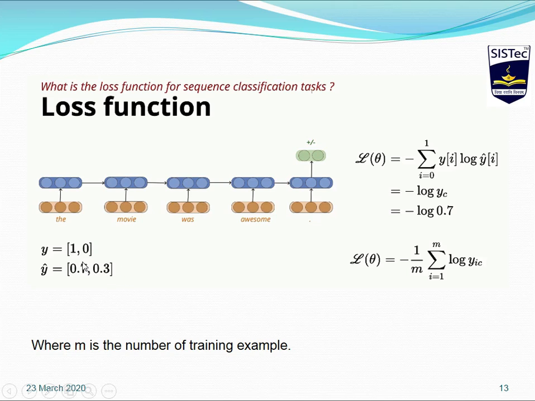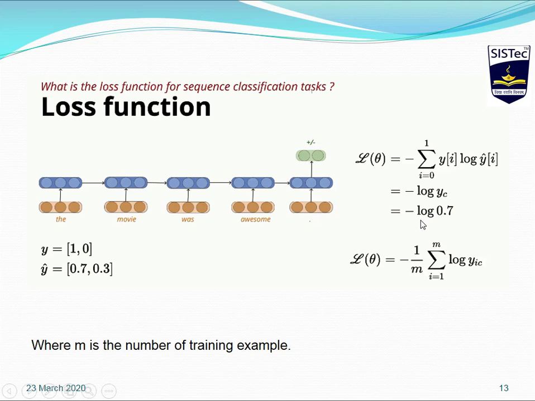I am repeating, because it represents 0 or 1. So if we multiply the actual output, that is 1, by log 0.7, plus 0 multiplied by log 0.3, this term will be 0. So the final is minus log of 0.7.